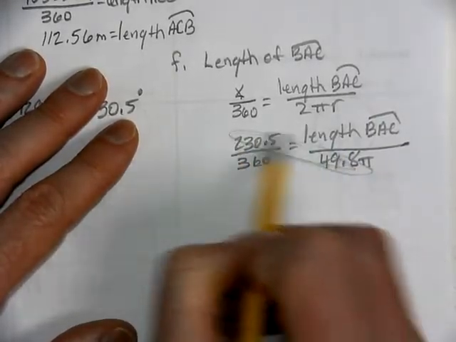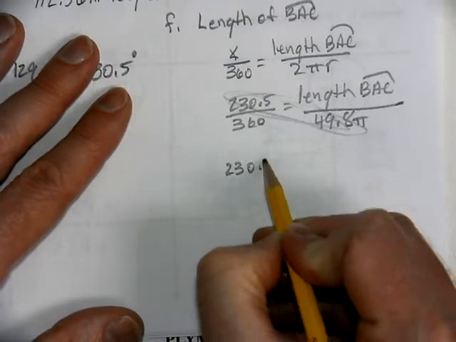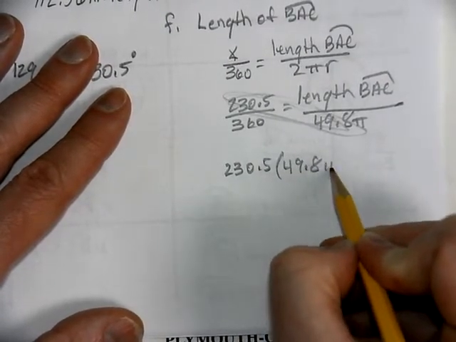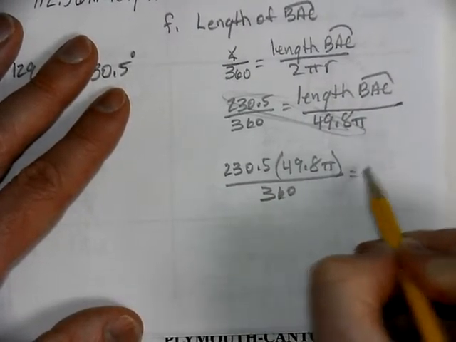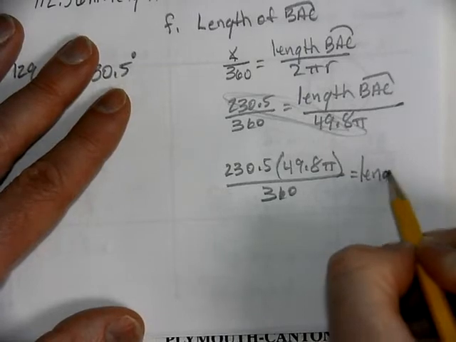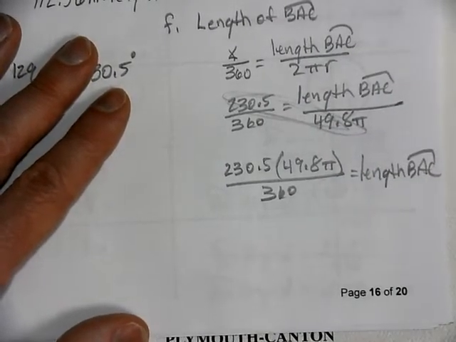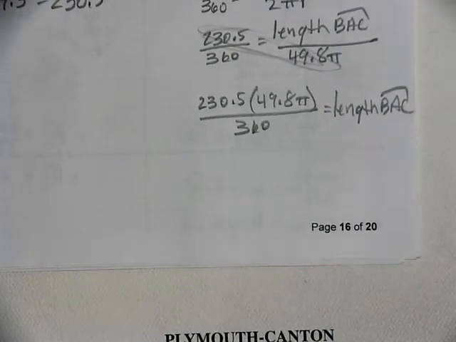So we'll cross multiply and have 230.5 times 49.8 pi, and that's being divided by 360. That is the length of arc BAC. So we'll go to our calculator.